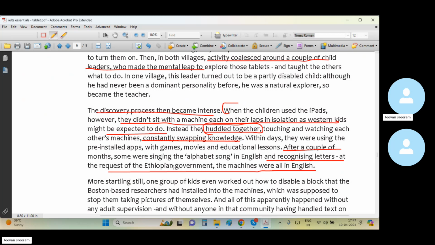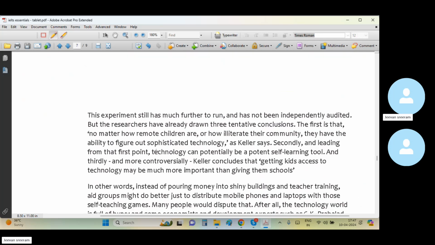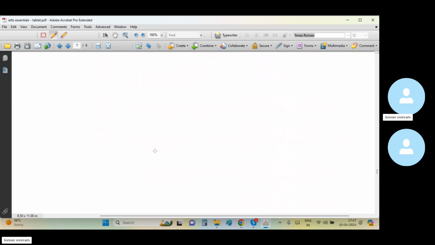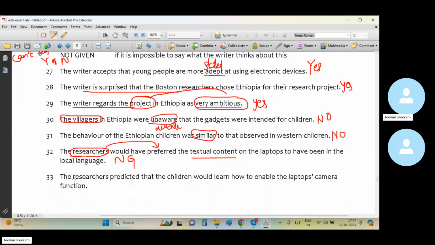It's not about organizers having preferred anything. The author never mentioned that organizers would have preferred to have the native language on the laptops, on the particular tablets, right? So there is no information. The author never mentioned as such. So it is nowhere related. You can't say anything. It's not given.